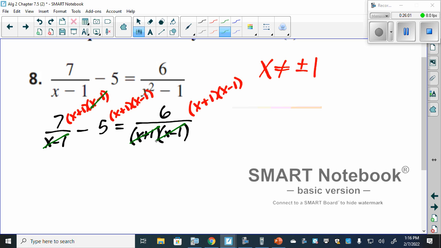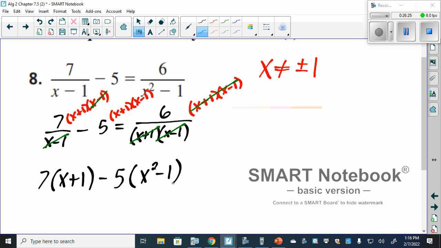And in the last one, the x minus 1 and x plus 1 will cancel with the x minus 1 and x plus 1. And what that leaves us with is 7 times x plus 1 minus 5 times x minus 1 and x plus 1, which are going to multiply together to give us x squared minus 1.